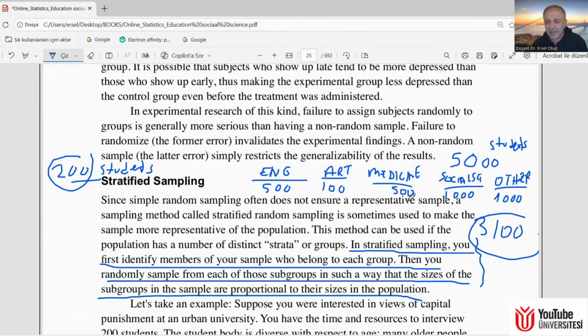Which one has the largest share? It is the social sciences and the others. It means you have to take proportionally, let's say in 3,100, you will select 200. So we have 1,000 people here. We will do the math, right?